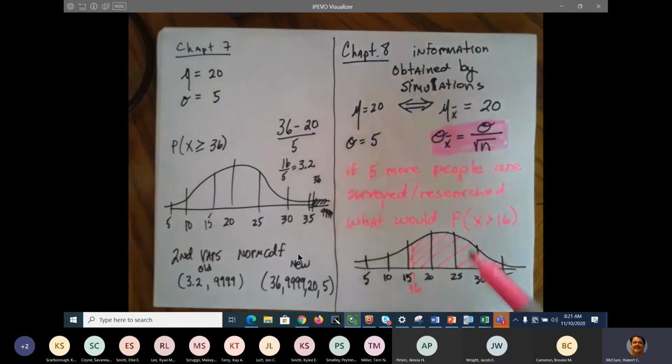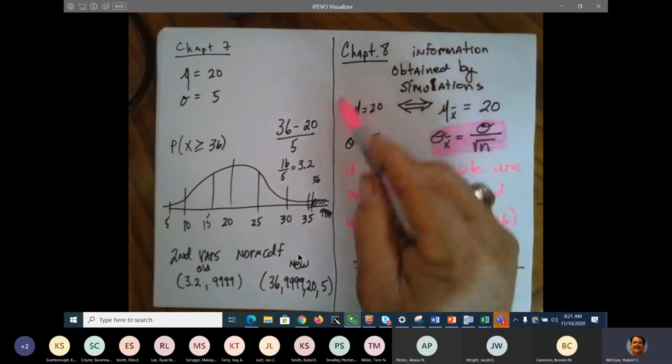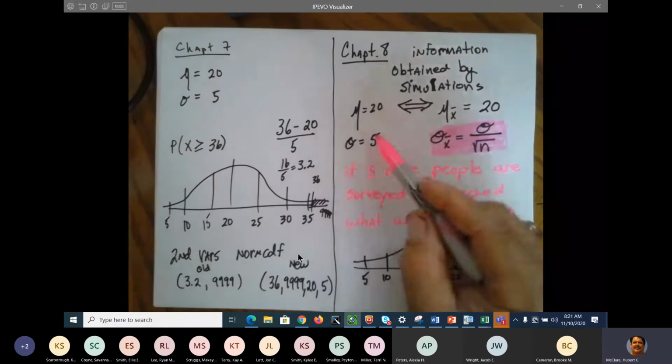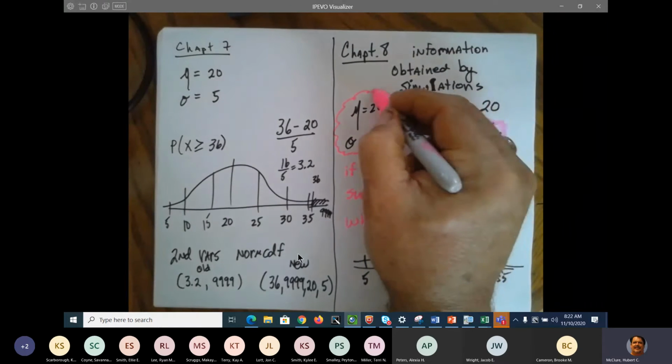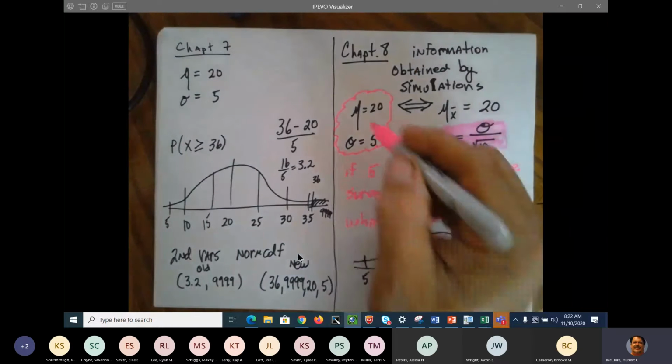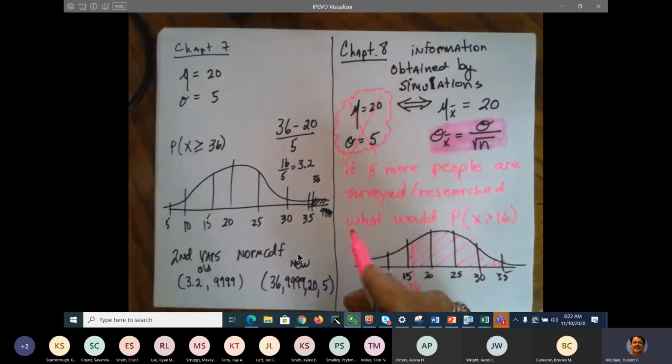Well, see, the pink was not included in the original information. Because the question will say, with a mean of 20 and a standard deviation of 5, it is normally distributed.